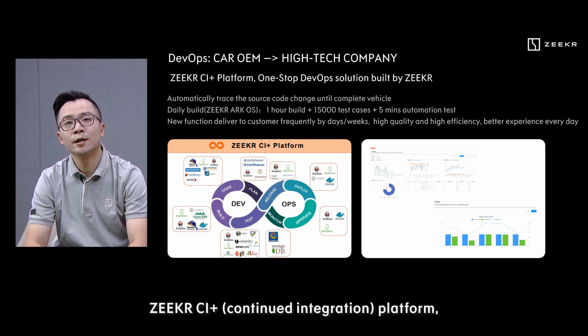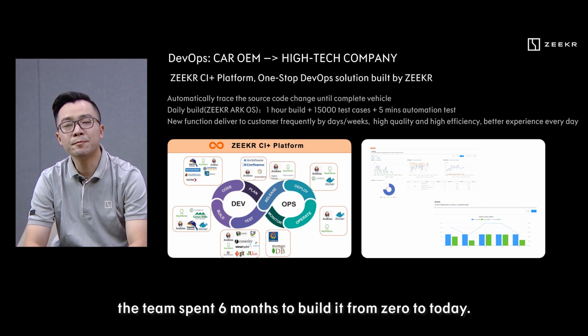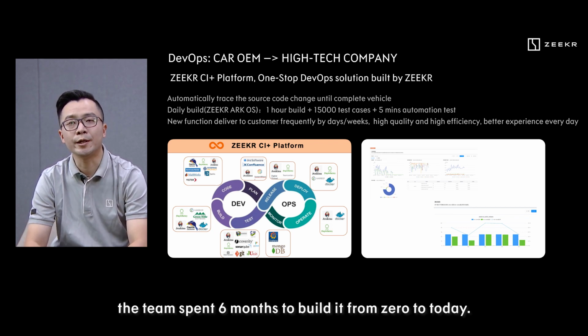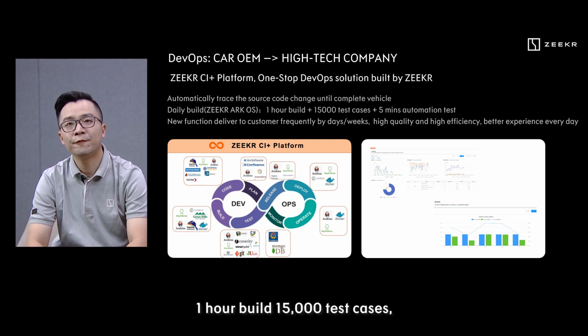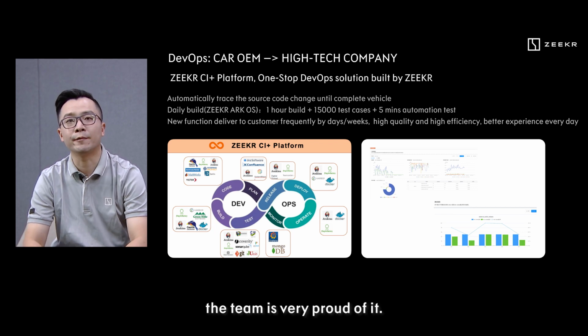The ZEEKR Continuous Integration Plus platform. The team spent 6 months to build it from zero to today. 1 hour build, 15,000 test cases, 5 minutes automation test for the whole ZEEKR OS. The team is very proud of it.